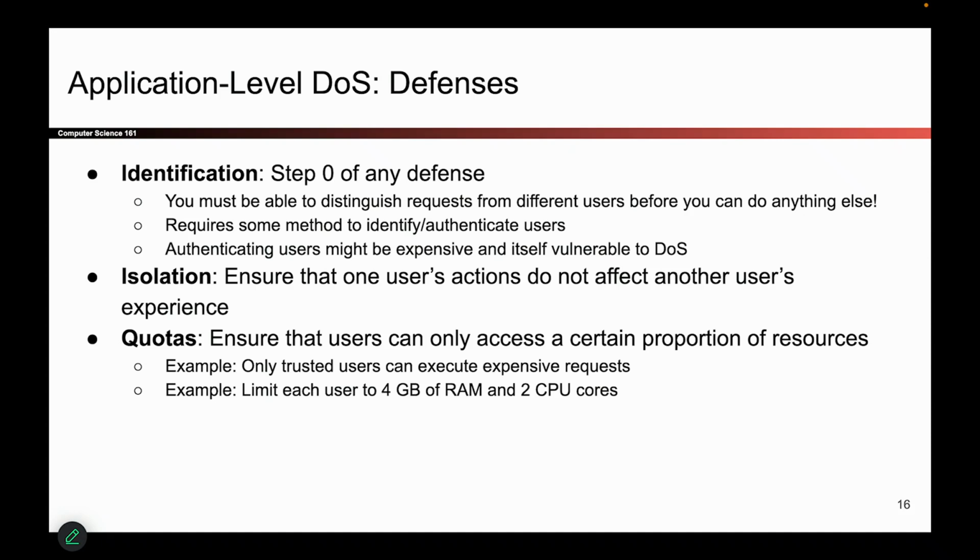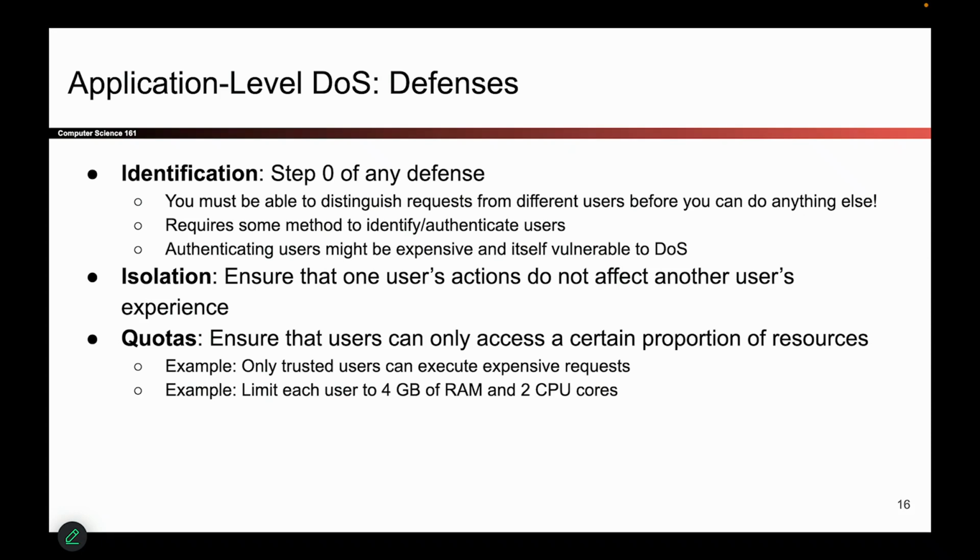So maybe you want to run the user's query in some sort of sandbox so that if they crash their own sandbox, other users are still able to access your service. Those might be examples of how to isolate users from each other so that one user who's malicious cannot ruin the experience for everyone else.